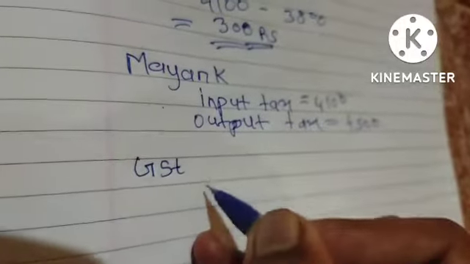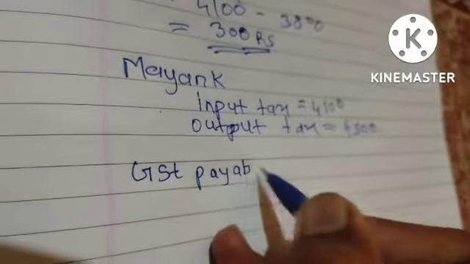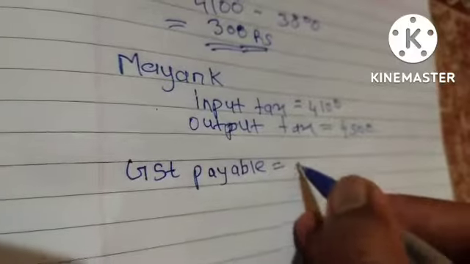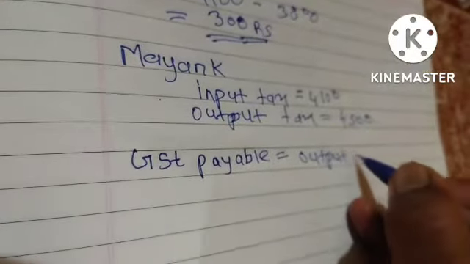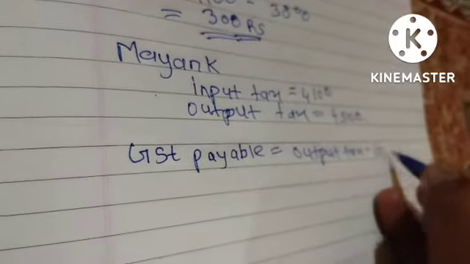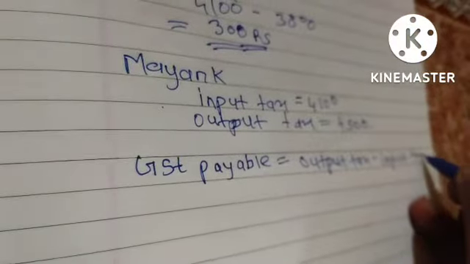So GST payable is equal to output tax minus input tax.